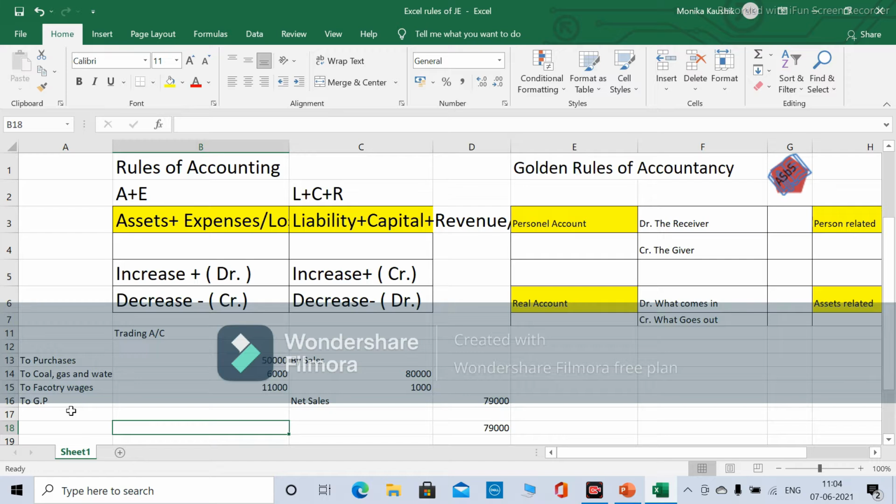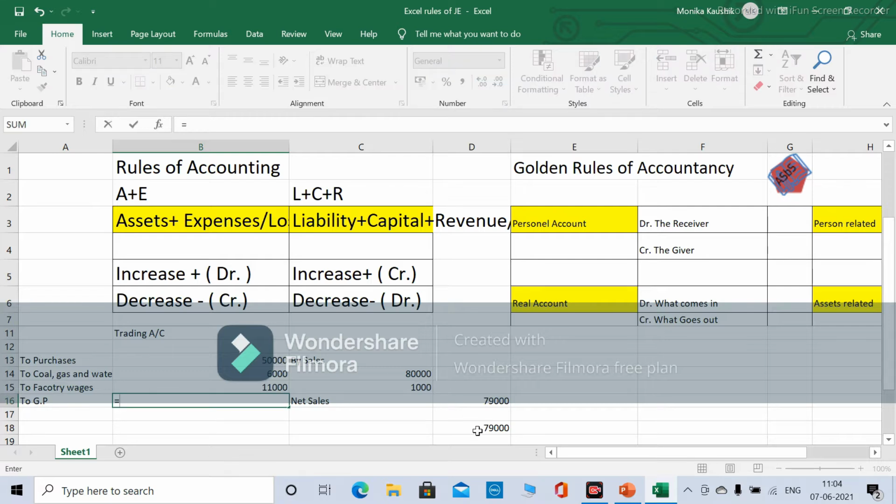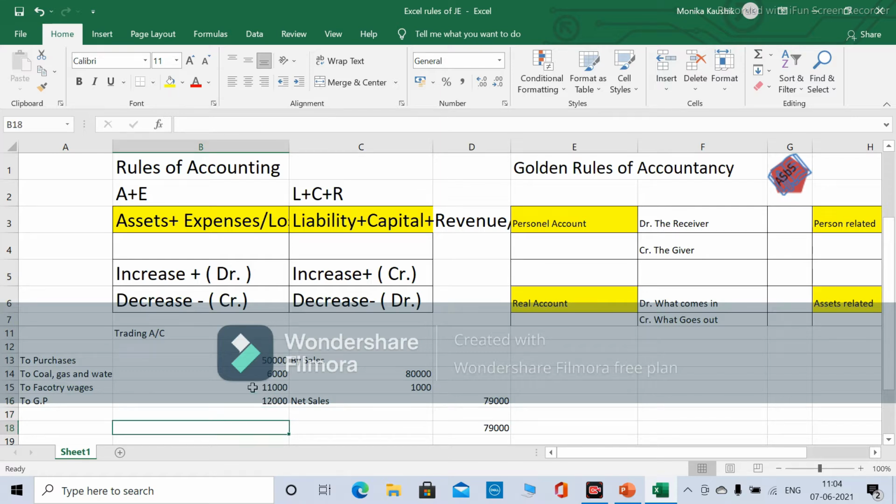Here I'll have to deduct all these things from this amount, and then I will get to know my gross profit. This is my gross profit. If I sum all these items, both sides will be equal. So the trading account is done and I have found out the gross profit.